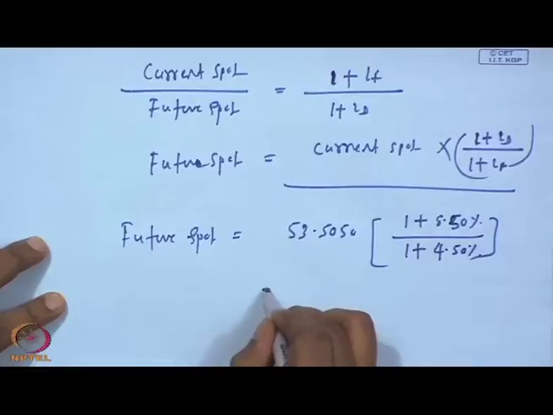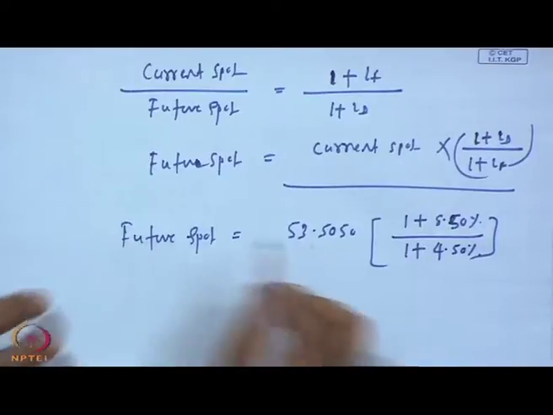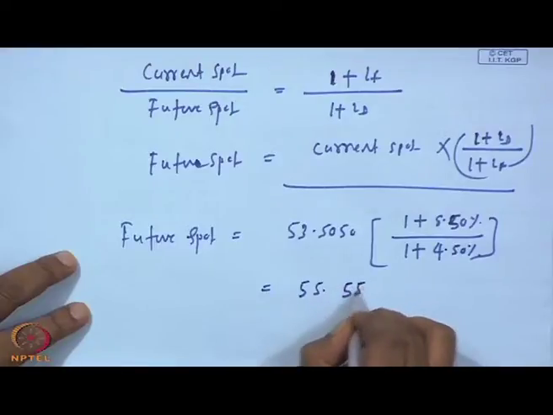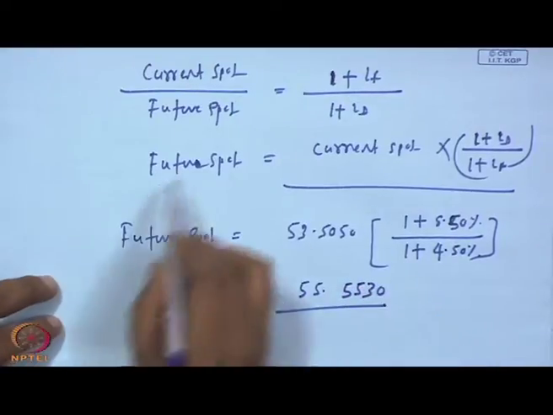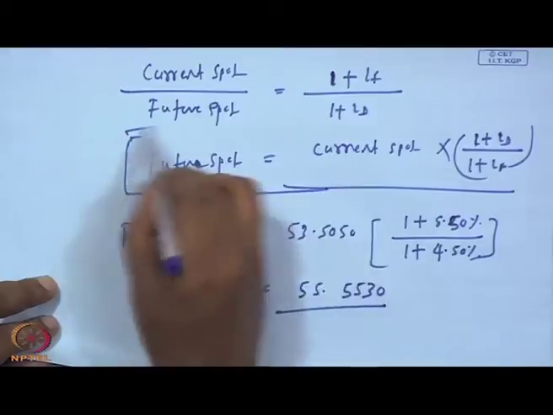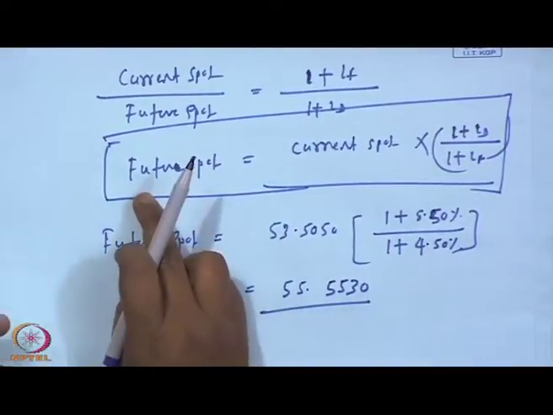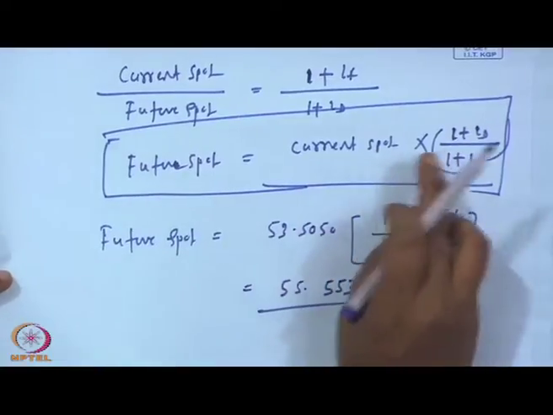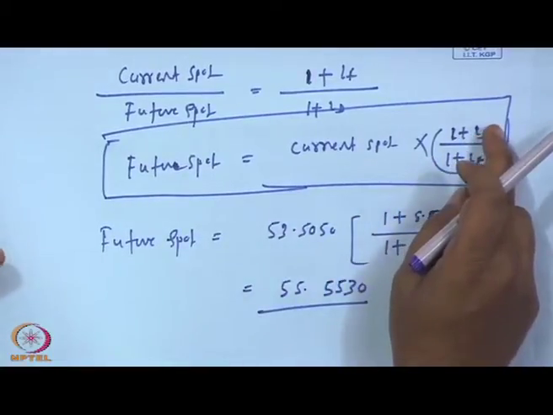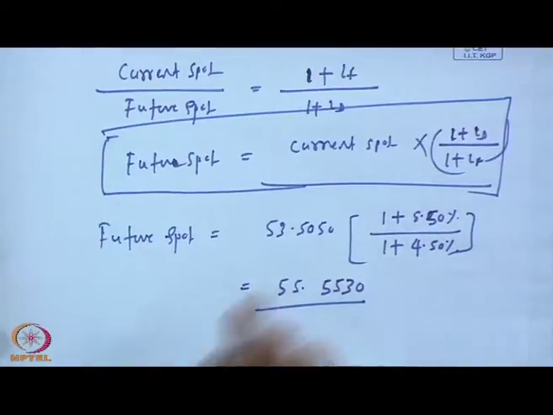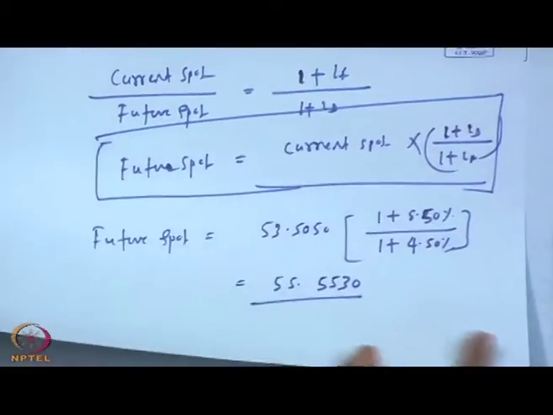If you solve this, it will give you 55.5530. That is the formula for calculation. The future spot is current spot into 1 plus domestic interest rate divided by 1 plus foreign interest rate. That formula will give you the future spot if you know the interest rate differential.